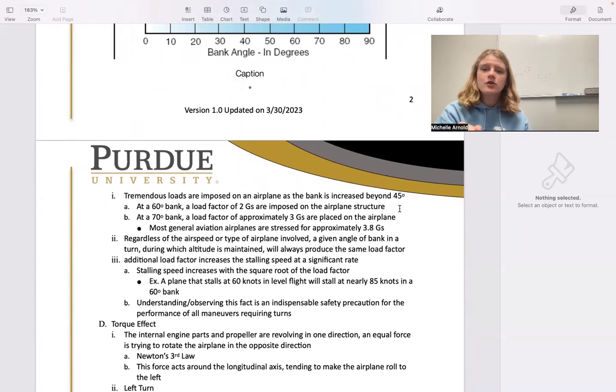For every degree extra of bank past 45, you're going to feel those G's significantly more. So at 60, you have a load factor of 2. At 70, you have a load factor of 3, which is going to put a lot of stress on the plane.